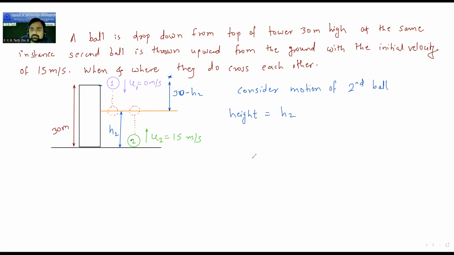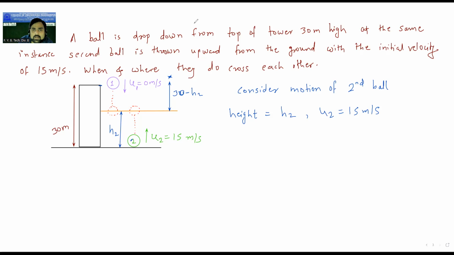H2. Height is H2. We don't know. Okay. Then what is the initial velocity with which it is thrown vertically upward? 15 meter per second. Okay. We don't know in how much time it will reach there.